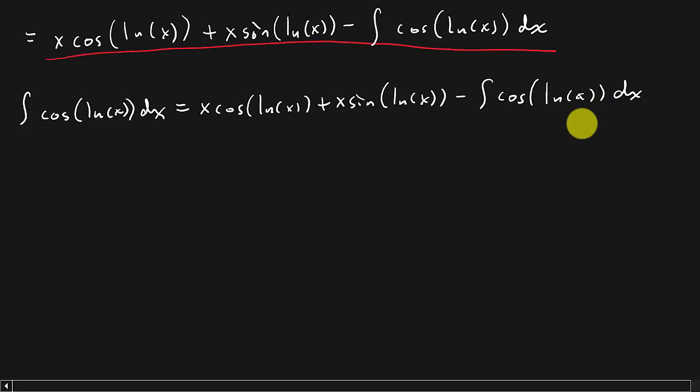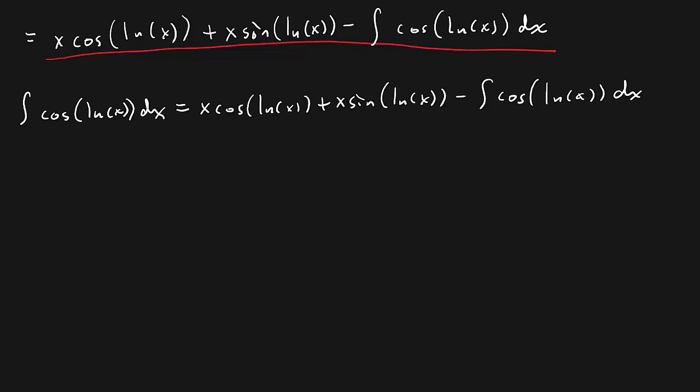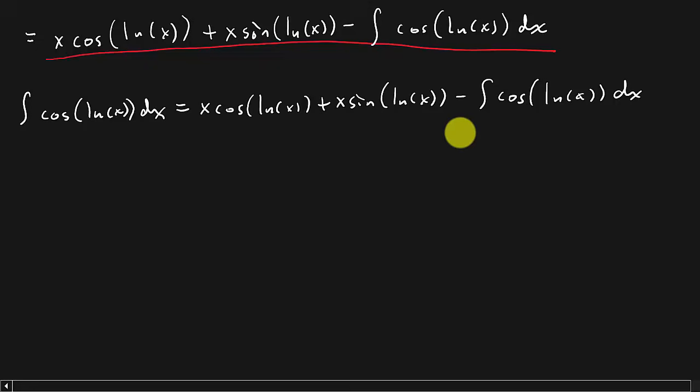Okay. All right, so what are we going to do now? Well, look at this. We can add the integral of cosine natural log x dx to both sides.